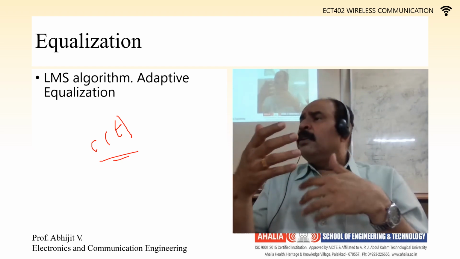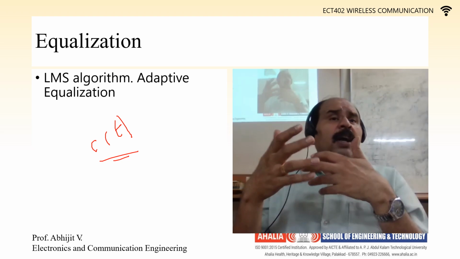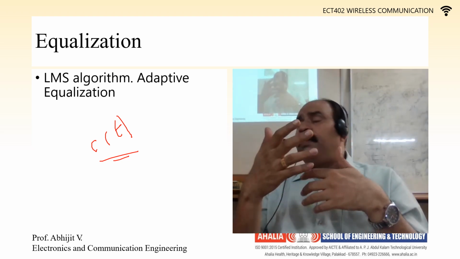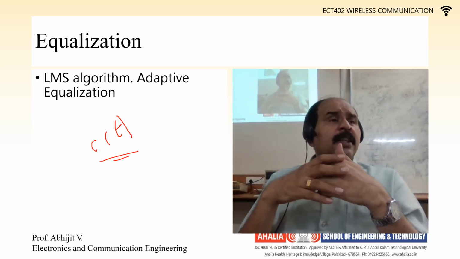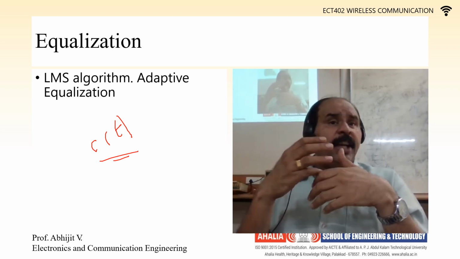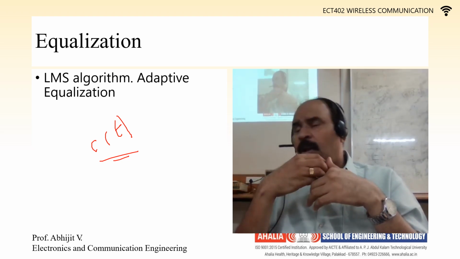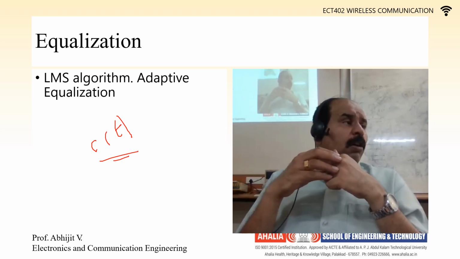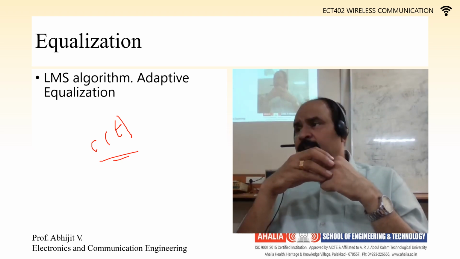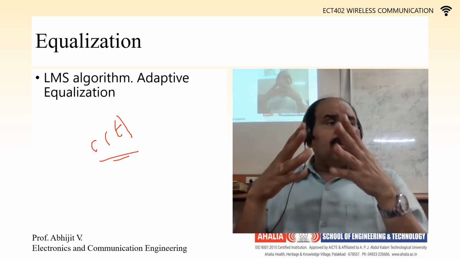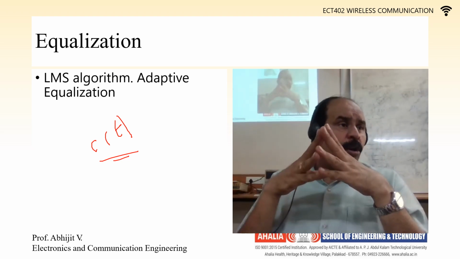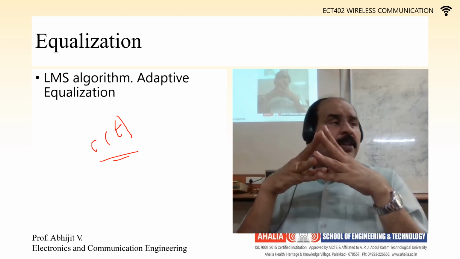That means that the equalizer algorithm gets automatically updated based on the channel conditions. Okay, this type of equalizers are called as adaptive equalizers. Least mean square algorithm is a type of adaptive equalizer whose methodology or whose algorithm or the steps we'll be seeing as we go on. Is that clear?